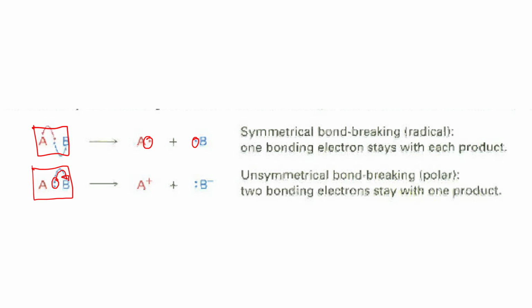So what happened is A was left with an empty orbital and B has an extra electron pair, leaving A with a positive charge and B with a slightly negative charge. So this one is your symmetrical and this one is your unsymmetrical. Remember that in symmetrical, each has one electron.